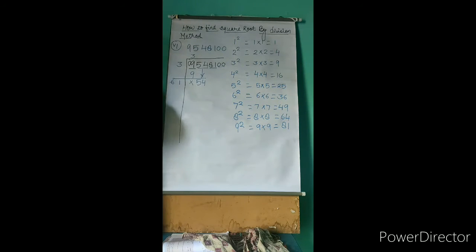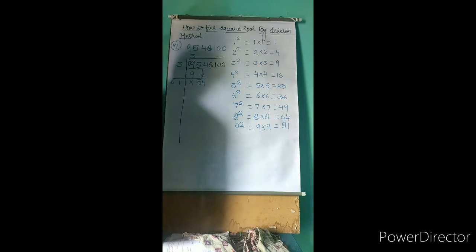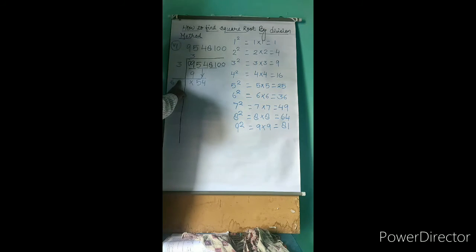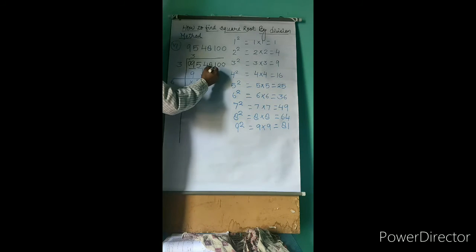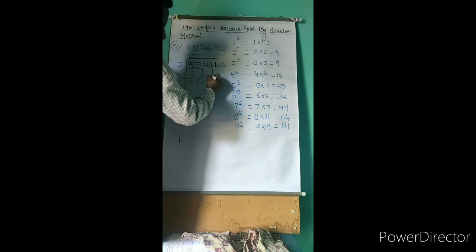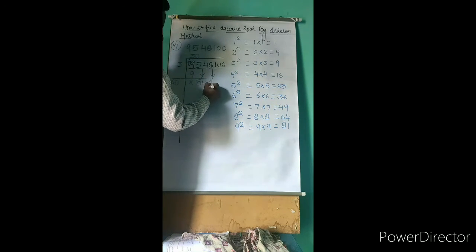It means with this single pair we can't solve it. We need to bring another pair down, this 81. So you can put a 0 here and a 0 here. Now bring this pair down, 81.